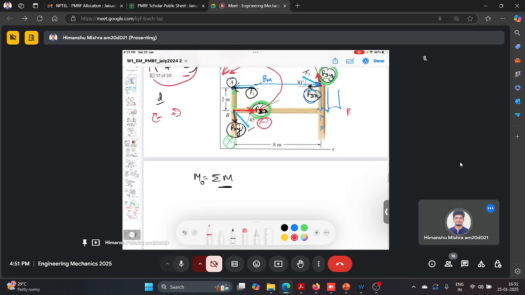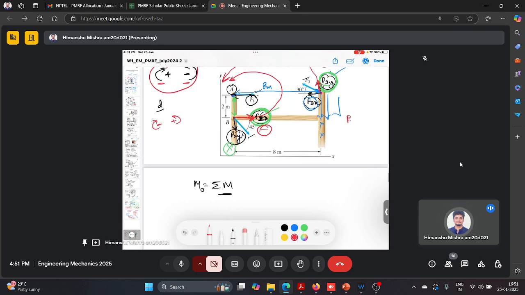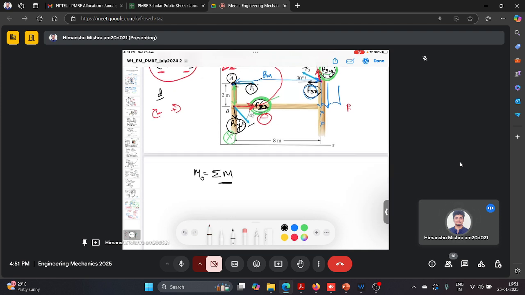So in order to determine the movement due to F2x and F3y, first we need to calculate the value of F2x and F2y.